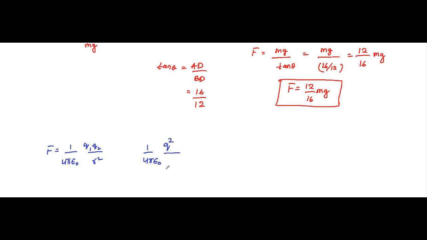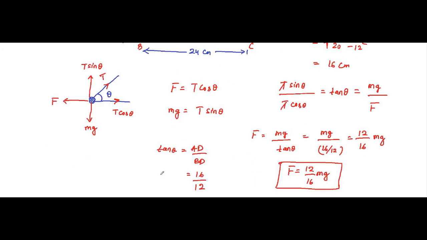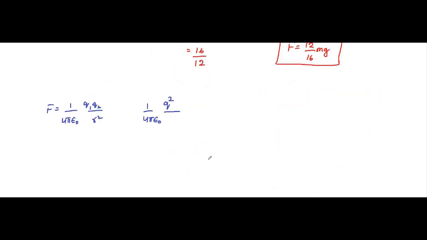It will be q square by the distance of separation, which is 24 centimeter, so 0.24 whole square. If we substitute 1 by 4 pi epsilon 0 with 9 into 10 to the power 9, it will become even more simple.